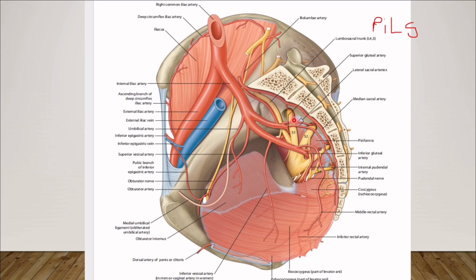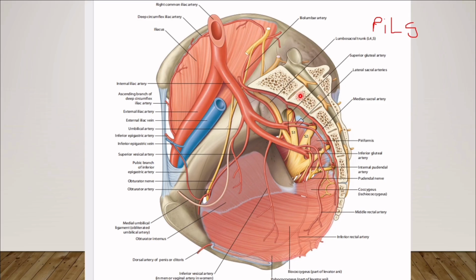Then the lateral sacral arteries, they'll enter into the sacral foramina and supply structures related there. Okay, it will supply related structures near the sacrum and the sacral foramina.